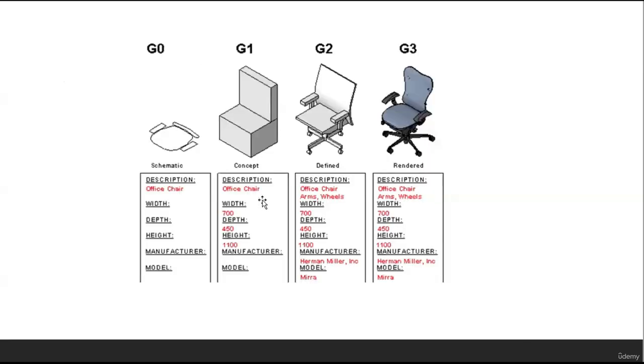To understand this in a clearer way, we can visualize this image. If we go for a low LOD, there is no need of actual geometry to be present, like LOD 100. Only a symbol and its name is enough. As we go for higher LOD, we require a basic geometry like its width, depth, height, and a short description.